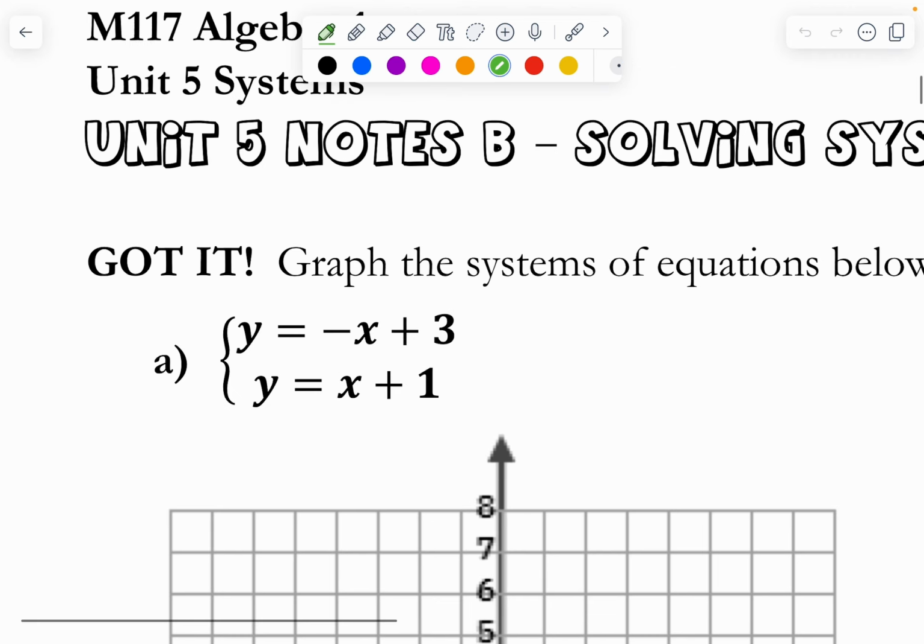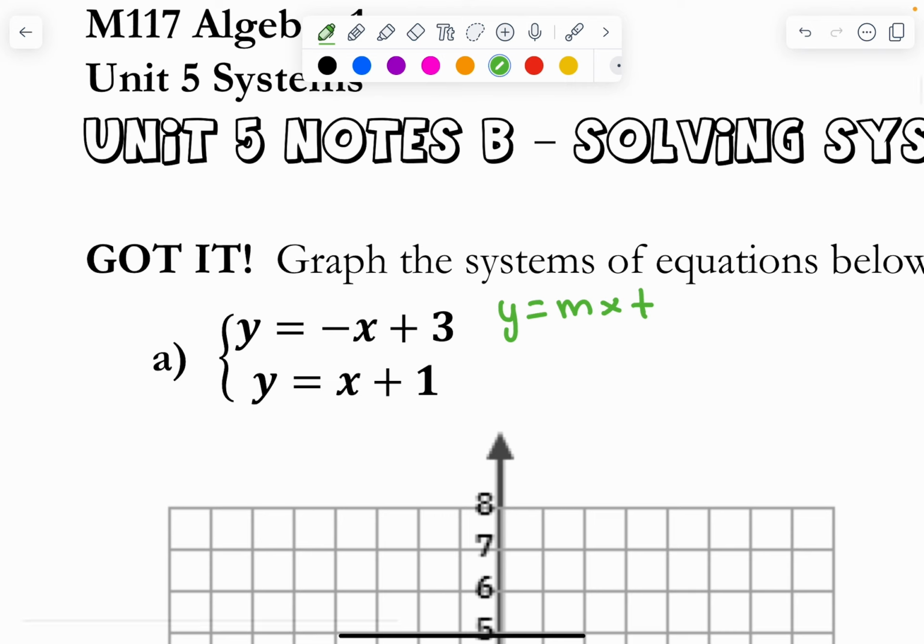So here, remember, y equals mx plus b is the form that we always want to use. For the first line, let's say that is green. My m is negative x, or negative 1. The x is not part of my slope, but the negative in front of it is. And since I have 1x there, my slope is negative 1.